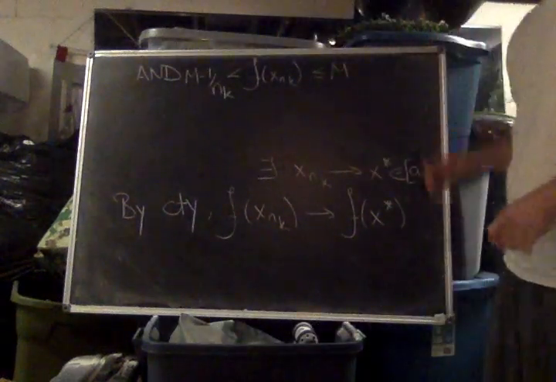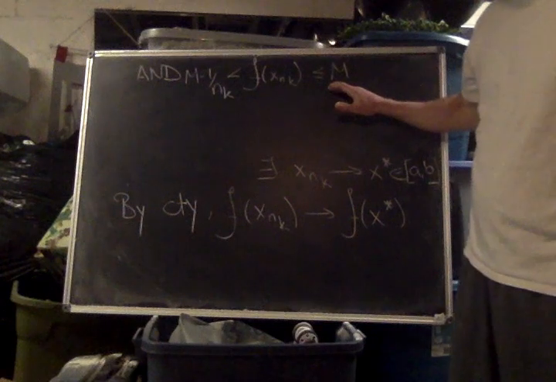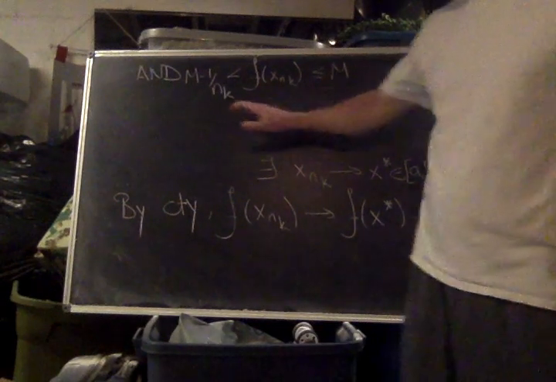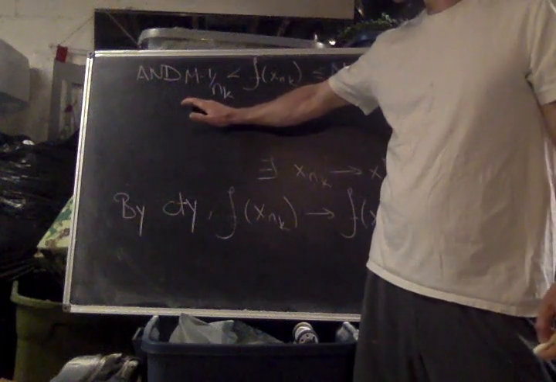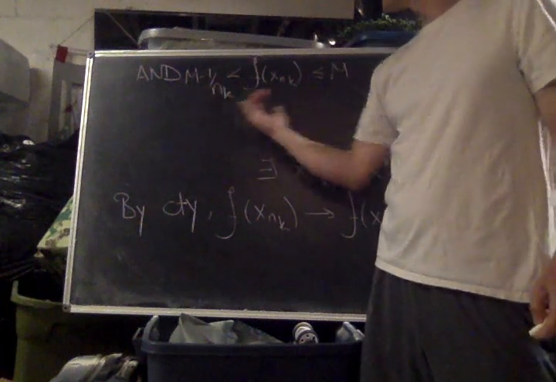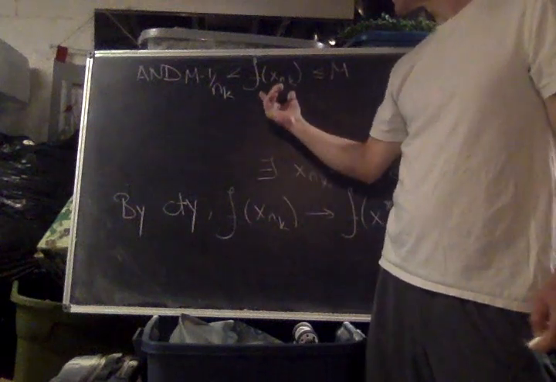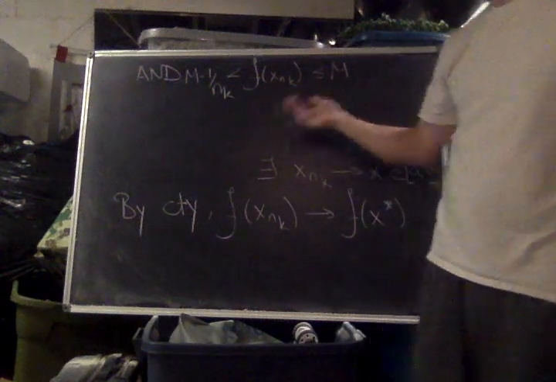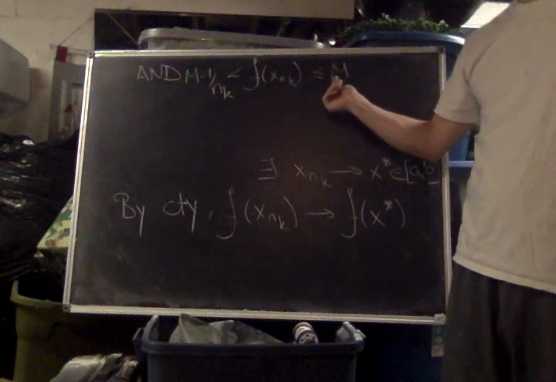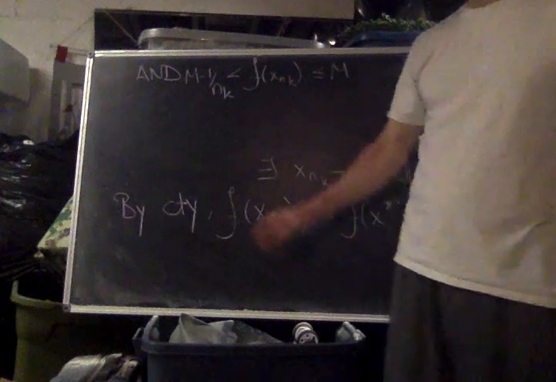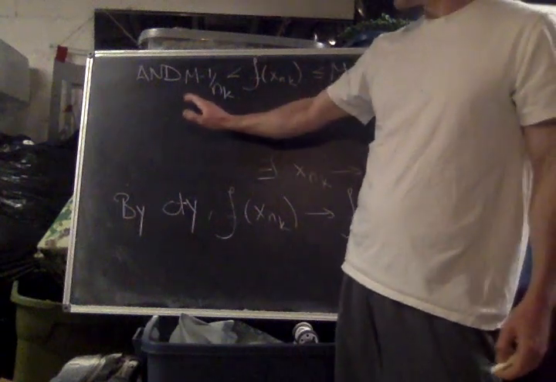which tells you, if you think of this number here as the constant sequence m, and this as a sequence depending on k, then what you've got here is an instance of the Squeeze Theorem. Because these f of x sub n_k's are sandwiched in between the constant sequence m and this other sequence, m minus 1 over n_k, which is converging to m.